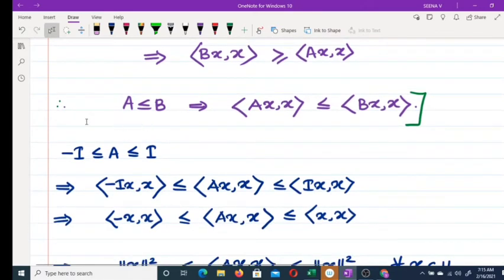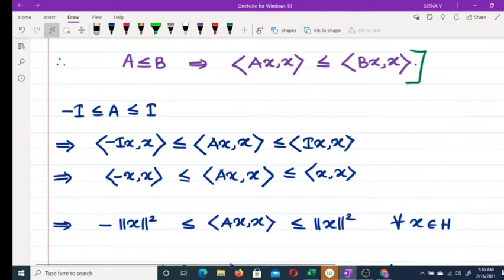So what we have is given this. Here minus I less than or equal to A means inner product (minus Ix, x) is less than or equal to inner product (Ax, x). And A less than or equal to I implies inner product (Ax, x) less than or equal to inner product (Ix, x).